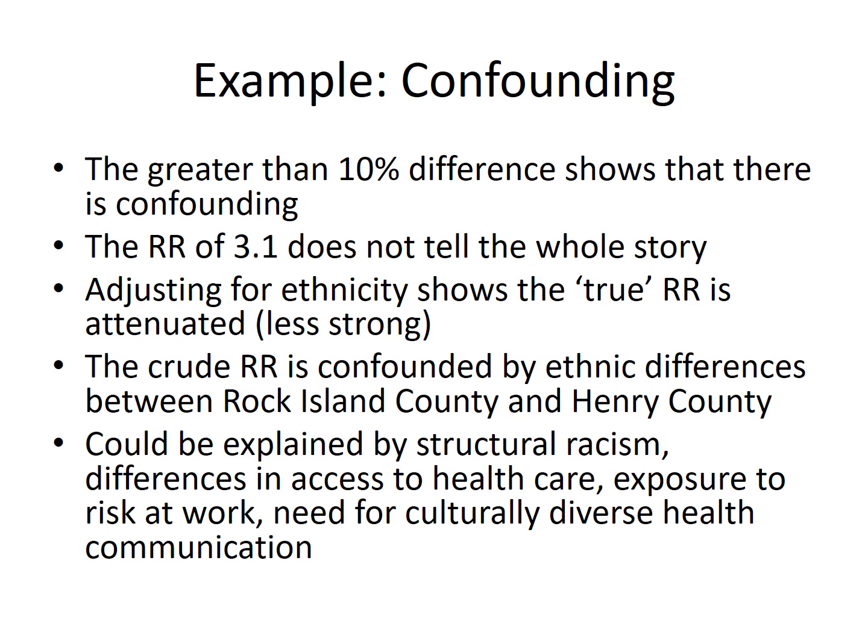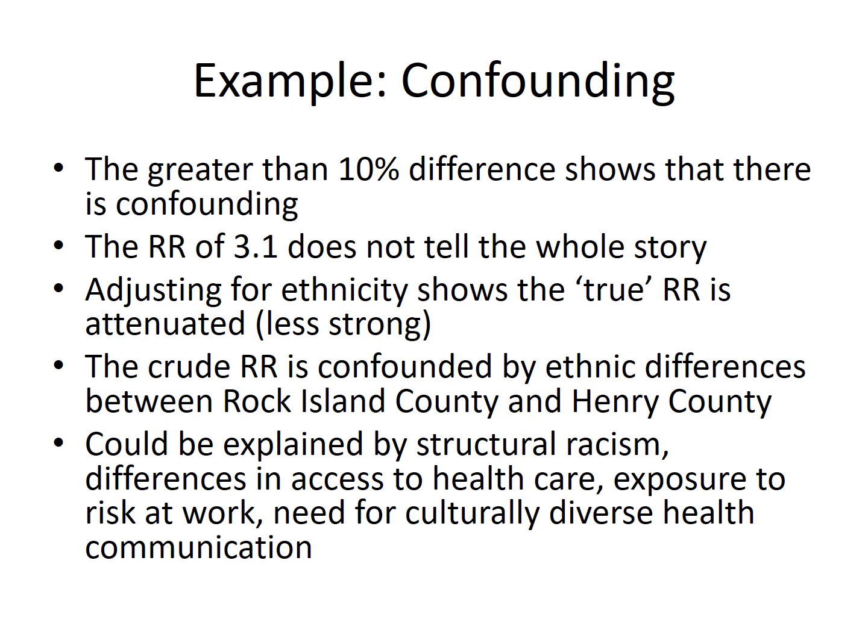So that 3.1 risk ratio is what we'll call confounded by the ethnic differences between Rock Island County and Henry County. And this confounding in the relationship could be explained by structural racism, differences in access to health care, exposure to risk at work, and a greater need for culturally diverse health communication.